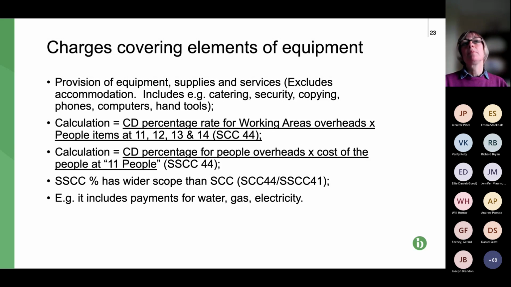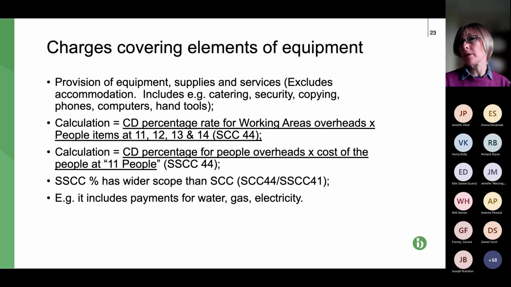So other charges which cover elements of equipment. These are effectively, I would say, small elements of equipment. So it says here, it excludes accommodation.